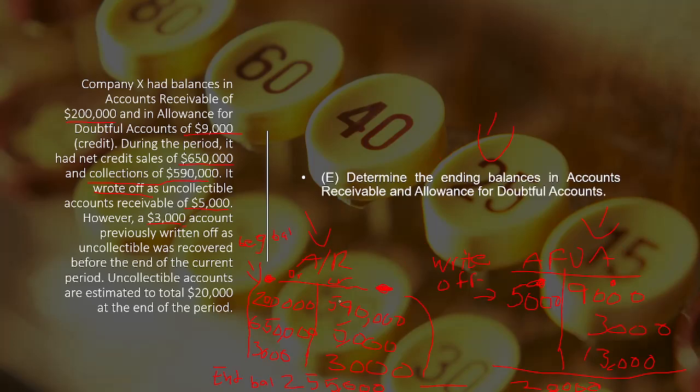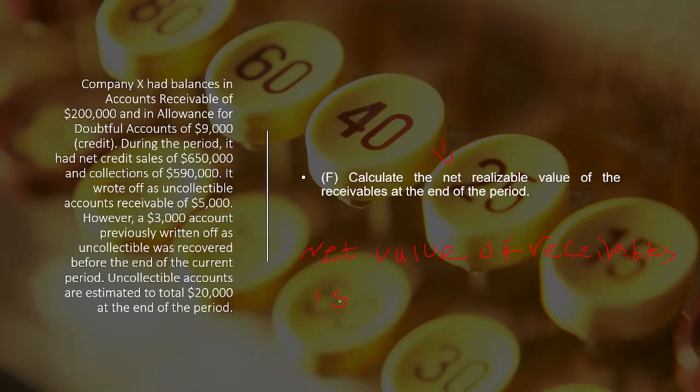So it's 255 minus 20,000. That's 235,000. So it's $235,000. That is pretty much how you do it.